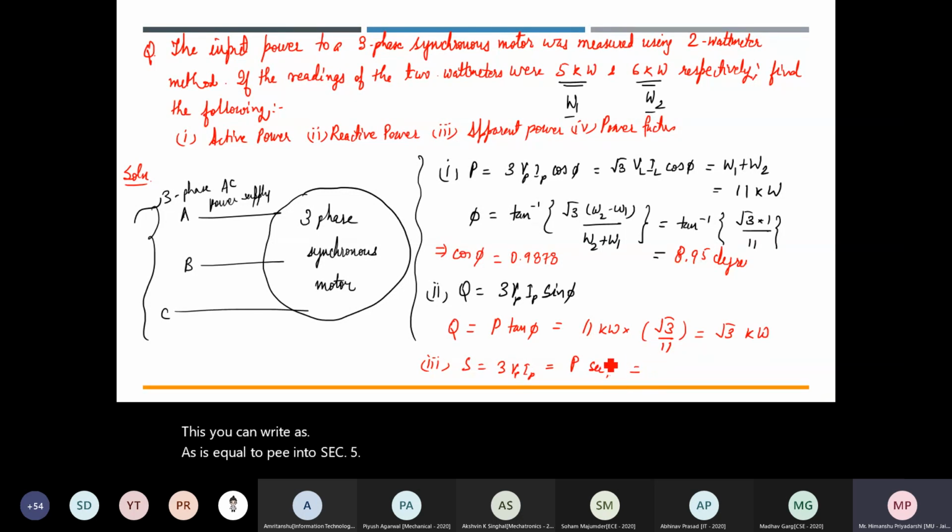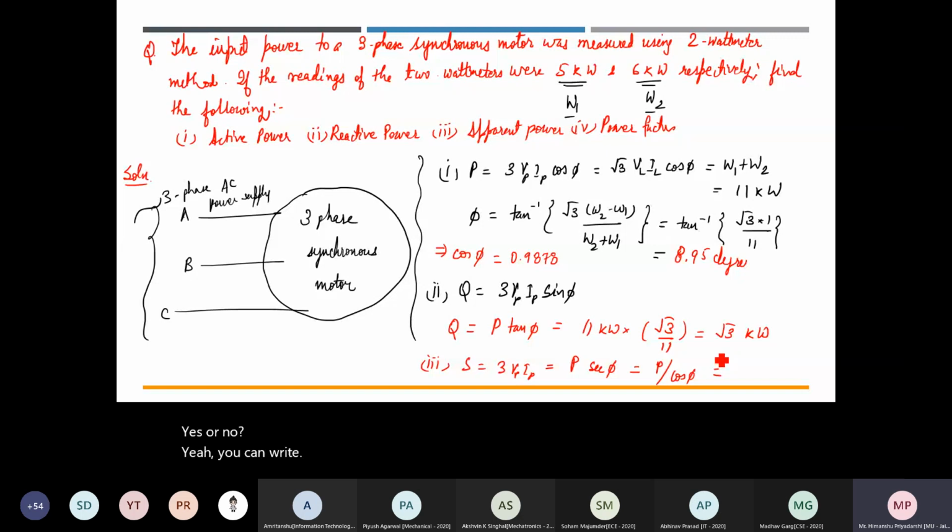Is that correct? Can I write S is equal to P into sec phi? Yes, sir. Cos will cancel. Or you can write P upon cos phi. One and the same thing.